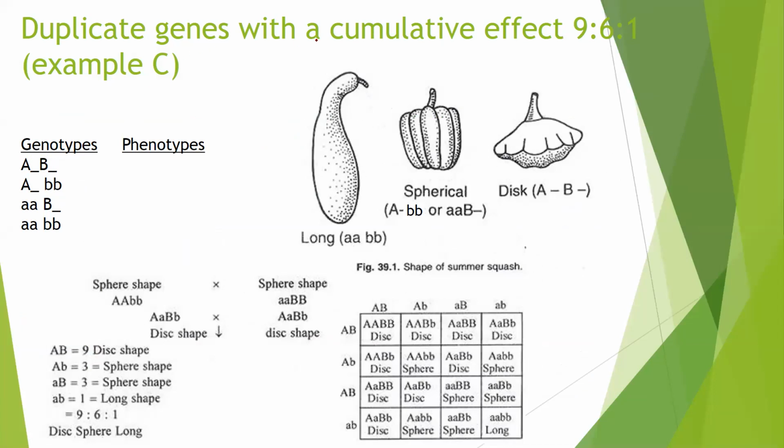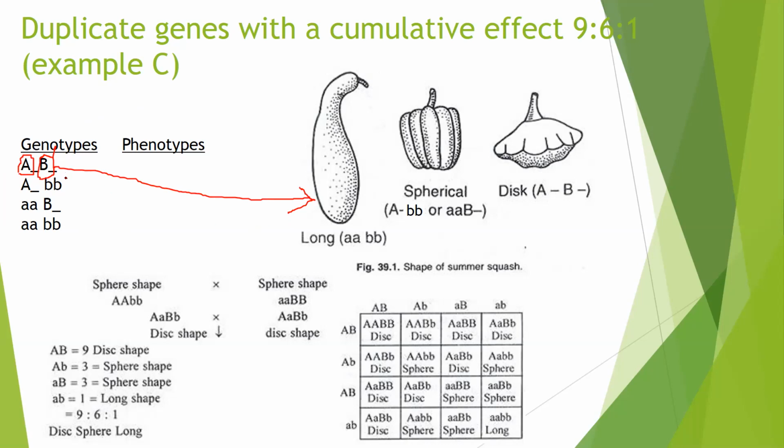However, if they have a cumulative effect, for example, both A gene and B gene determine the length of the squash, so the wild type A will give a long shape of the squash, and the wild type B will also cumulatively add to the length of the squash.